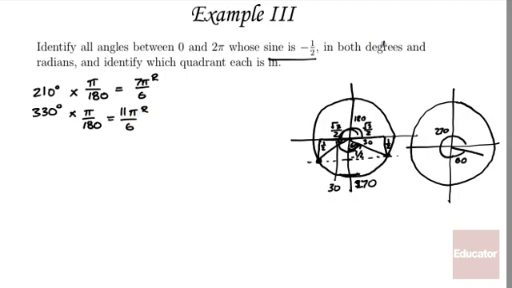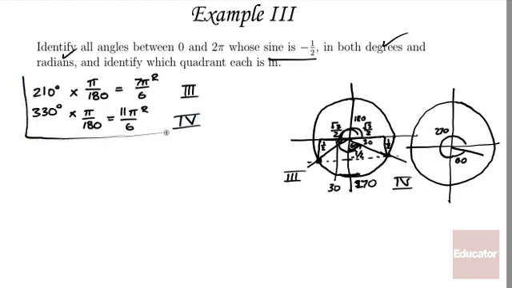So we've got our two angles in degrees and radians. And the quadrants, the first one was in the third quadrant, quadrant 3. And the second one was in the fourth quadrant, quadrant 4. So those are the two angles in both degrees and radians that had a sine of negative 1/2, that their y value was negative 1/2.